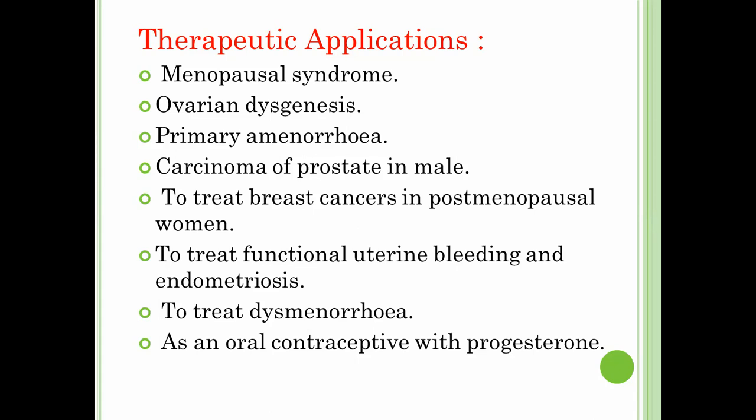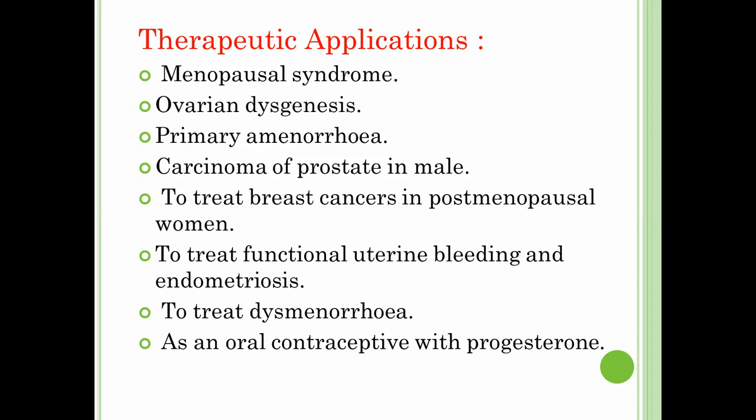Dysgenesis is abnormal organ development during embryonic growth, that is, during pregnancy the growth of the organs of the child or baby is abnormal. In such a condition, natural or synthetic estrogens are therapeutically applicable.